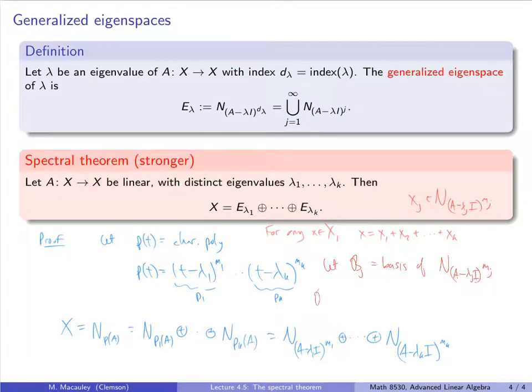Then I claim that, well, I don't need to claim it. We know that a basis for the direct sum is just a union of the bases of the individual factors. So a basis for X is just a union of these individual bases. And each one of these consists of generalized eigenvectors, because each individual space here is a space of generalized eigenvectors.